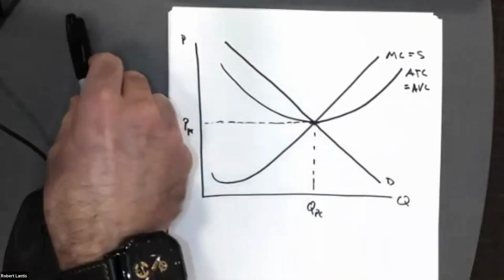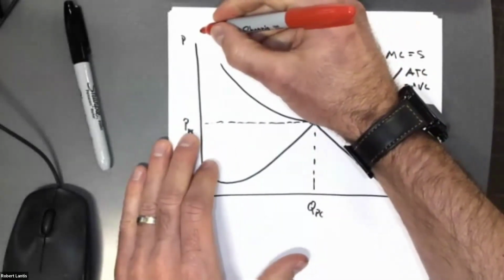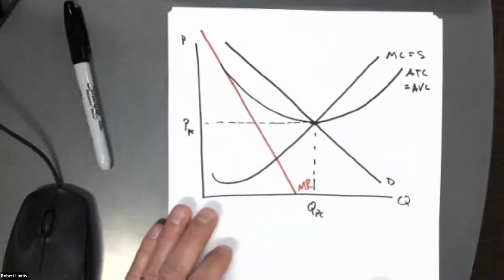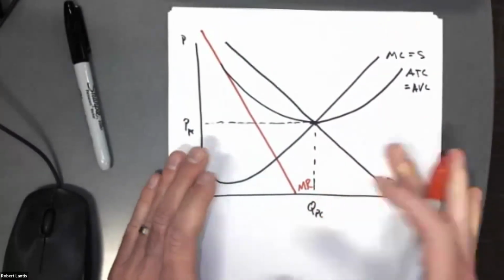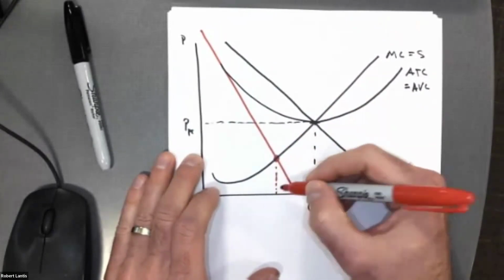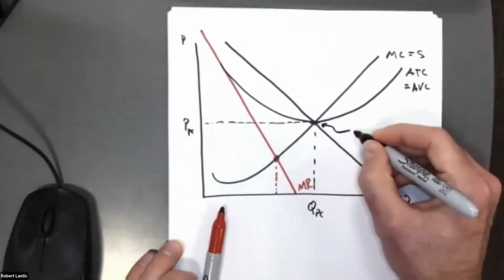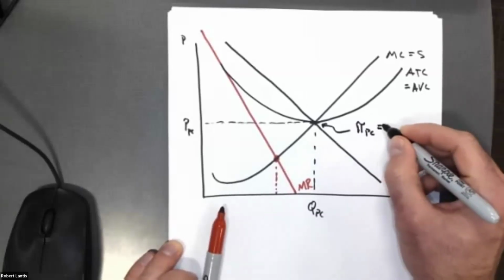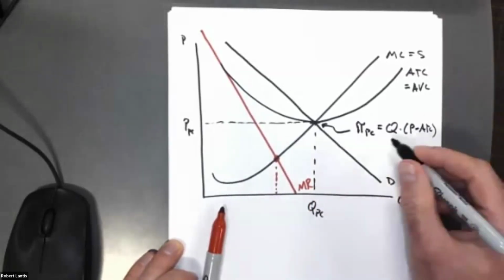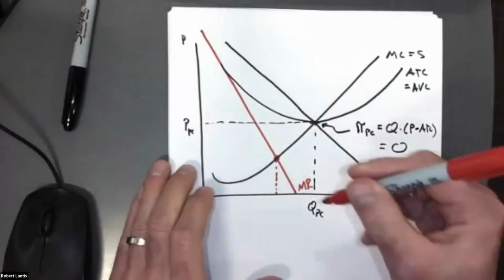However, for a monopolist, they're going to make a decision based off of this twice as steep marginal revenue curve. And I don't draw it down here because we know they'll never choose the negative values. Well, before we get to them, what were the profits of a perfectly competitive firm? It's the quantity they're selling times the difference between price and average total cost, but their price and average total cost are the same, so the long run profits in a perfectly competitive market were zero.